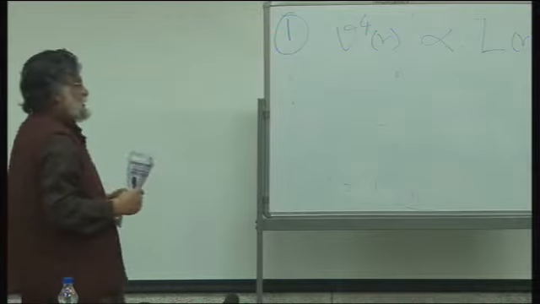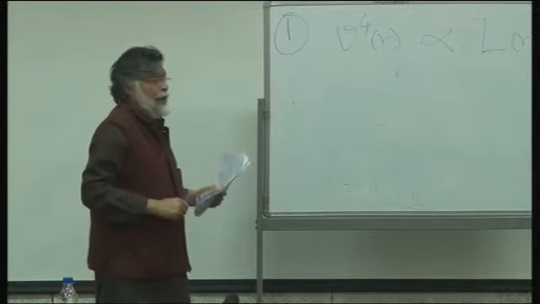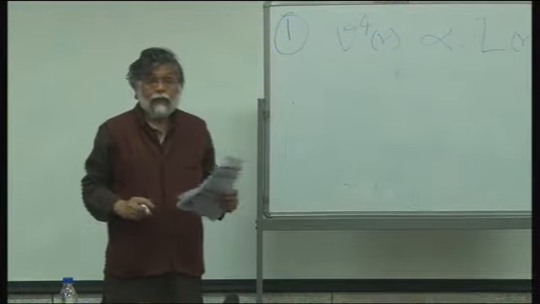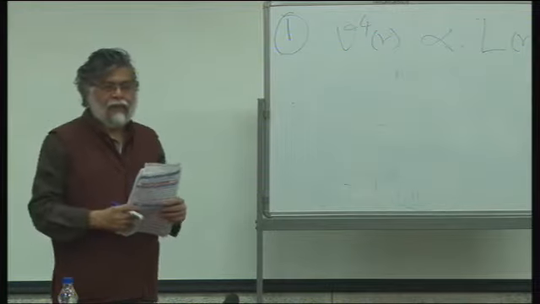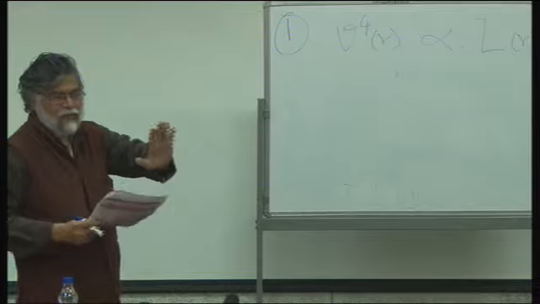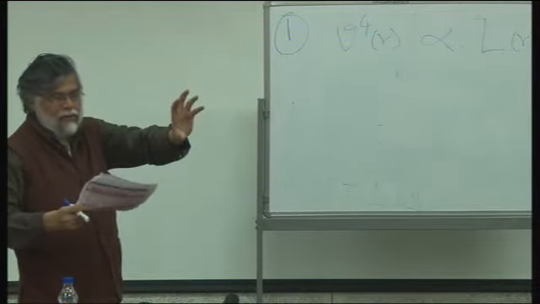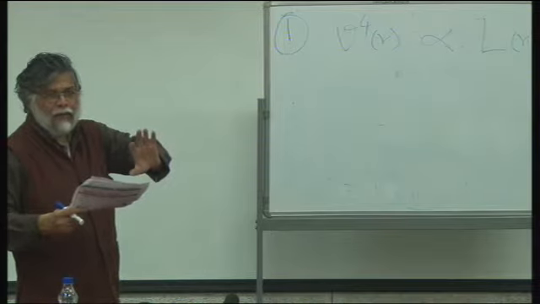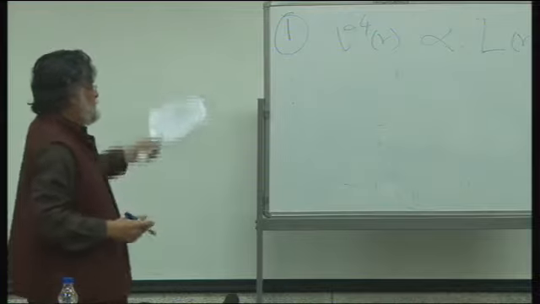So surface brightness is constant. That's an assumption you have to make. And the mass to light ratio is a constant. It doesn't change over the entire galaxy. Okay? So there's one problem.